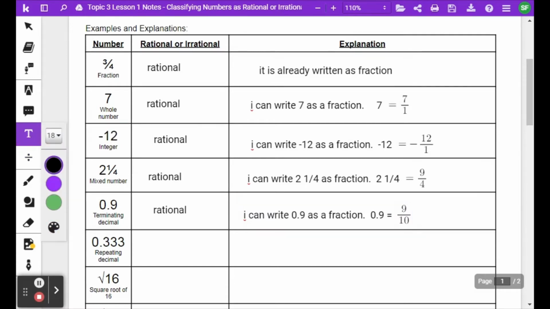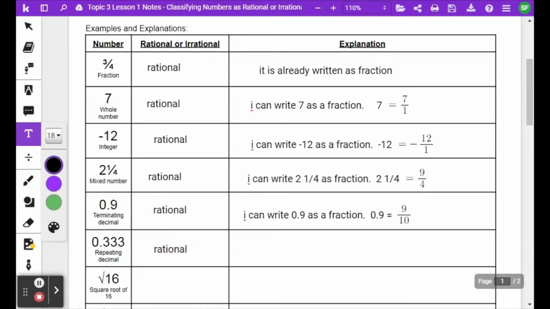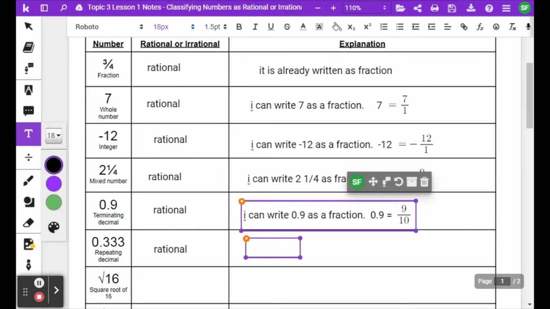Your repeating decimals are also going to be rational numbers. I can rewrite 0.333333333 repeating forever as a fraction.